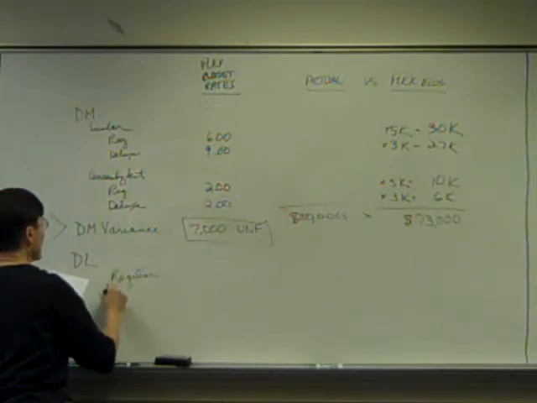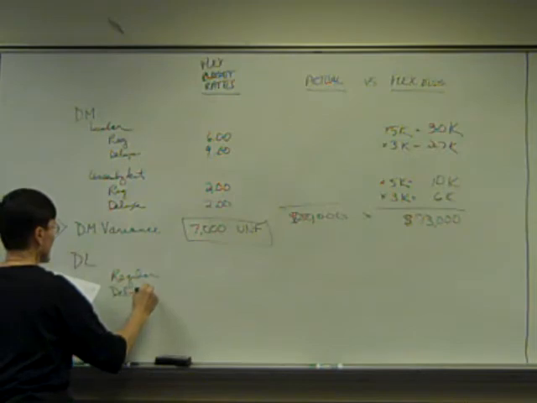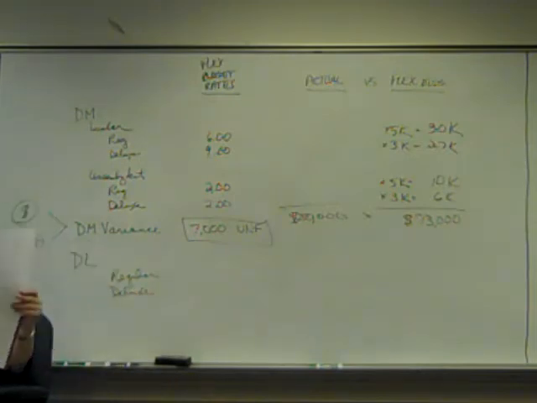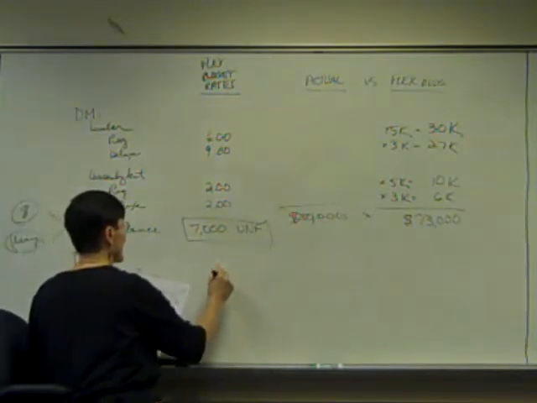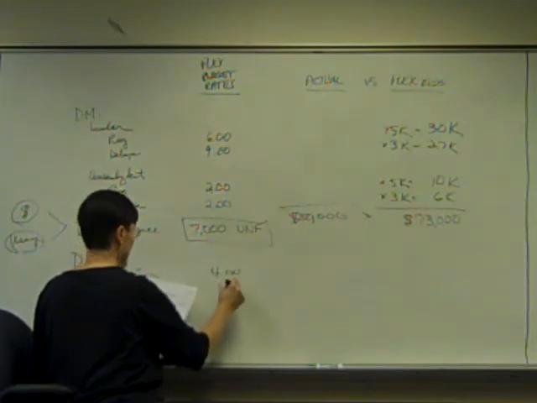For the regular and the deluxe, you're given what we should have spent, what we should have used. So we are given it per unit. Our per unit standard is $4.